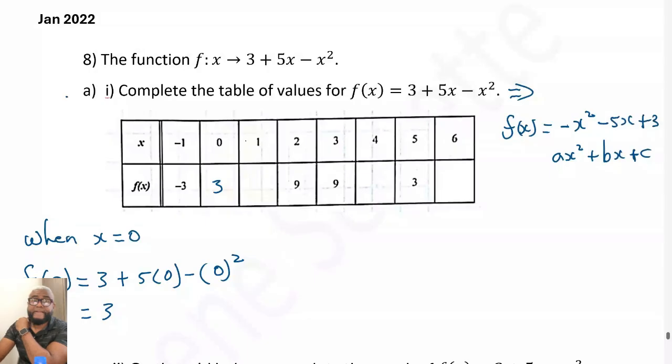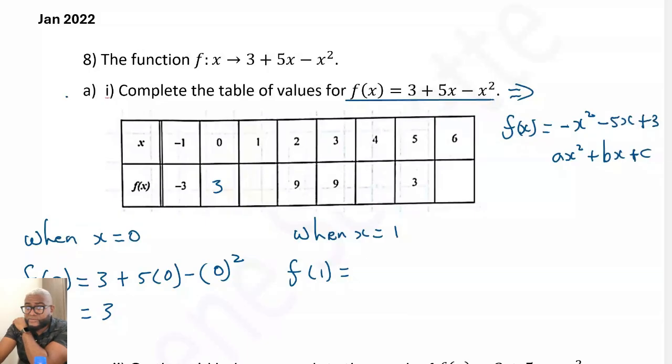Everybody good there? What's the value of x in the next column? When x is equal to 1, so I'm trying to find f of 1. Excellent. This is the quadratic we're working with for every single column. So we go in. This will be 3 plus 5 by what, Tyler?